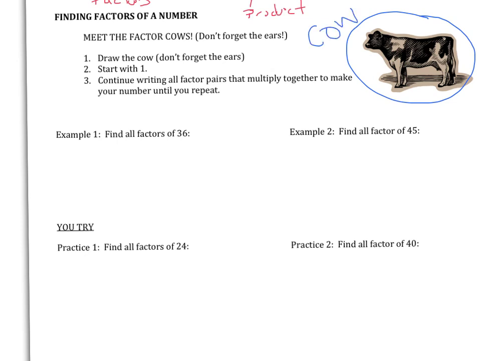Now, you might be saying, what does a cow have to do with a factor? Nothing. It's just a really creative, easy way to remember, so that when you're taking a test and you see the word factor, you think factor cow, and you think, oh, factors are the numbers we multiply to get another number. So I'm going to zoom into this first example.